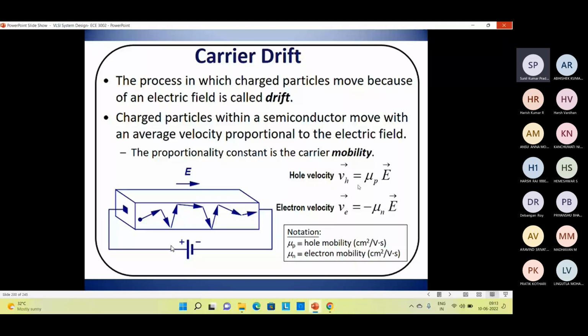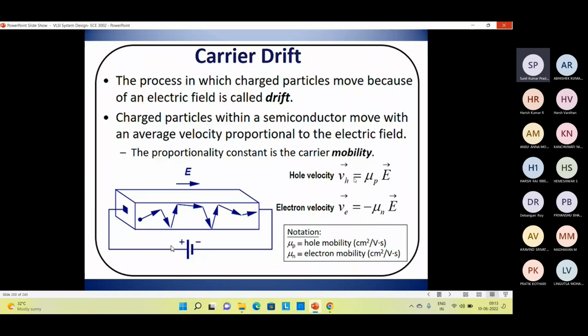That proportionality constant we call mobility. If we take electron mobility into consideration, the drift velocity of electron will be minus mu n into electric field.